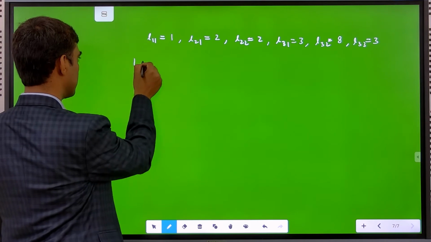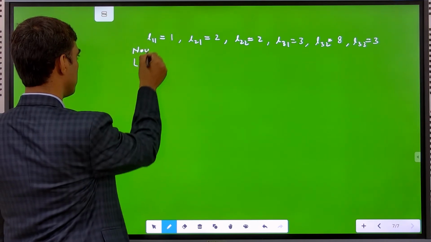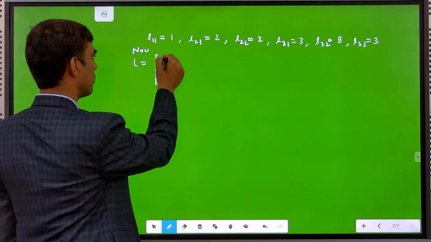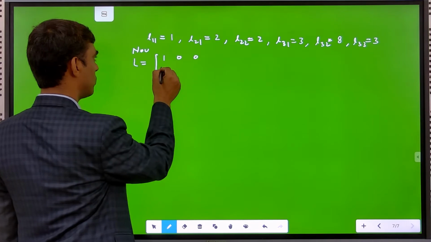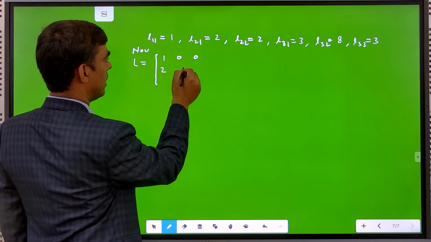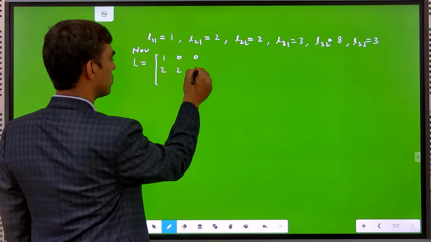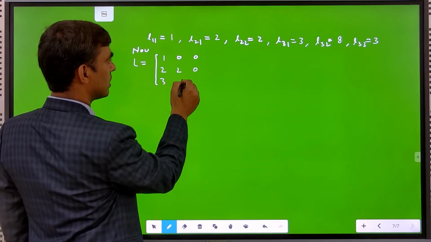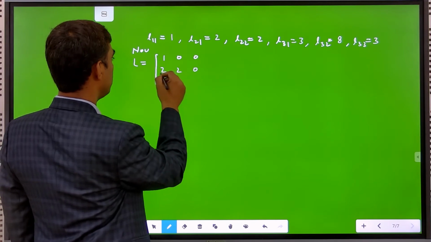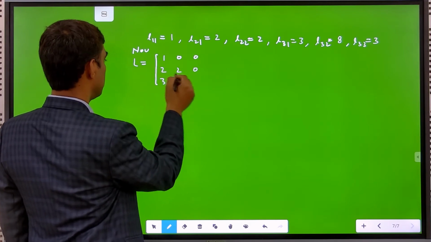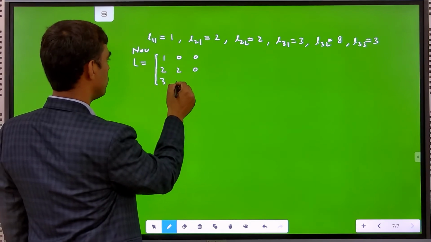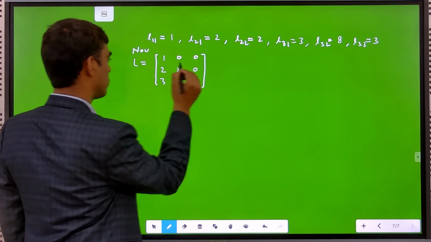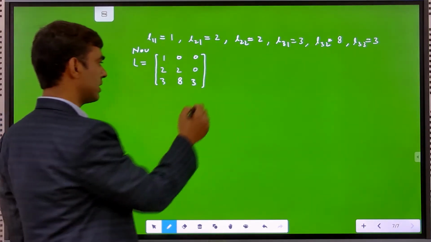L equals: first row 1, 0, 0; second row 2, 2, 0; third row 3, 8, 3. So this one is matrix L. Now obviously, what is L transpose?